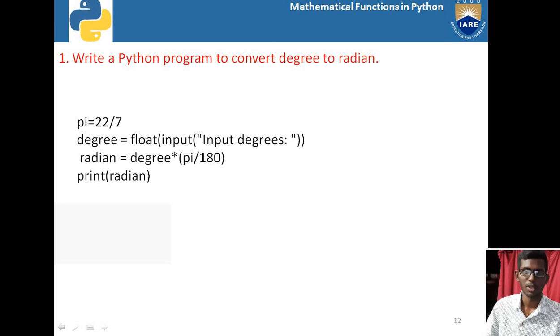We have a formula: radian equals degree into pi by 180. Print radian. Here we give pi equal to 22/7, and we can also give math.pi. First we give input degree equal to 90. Then we get output as 1.571428.